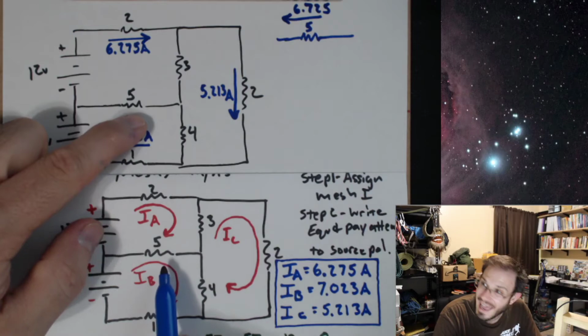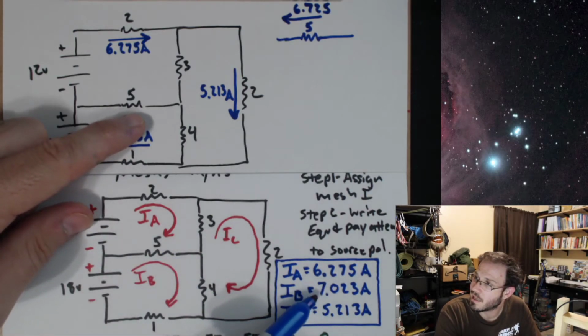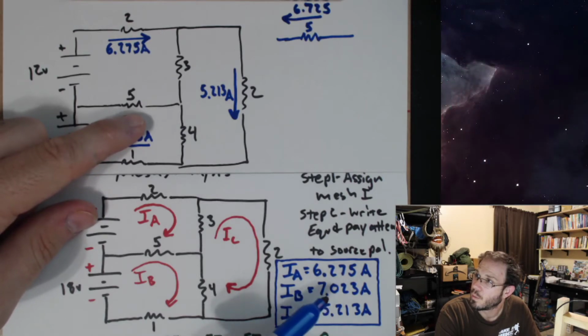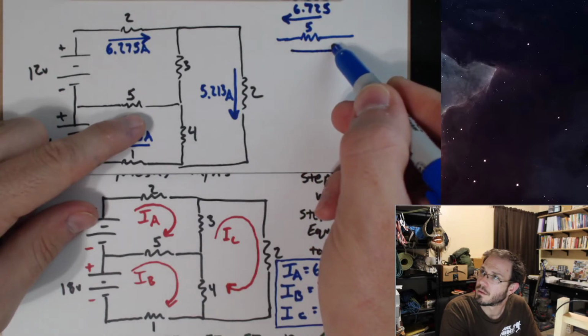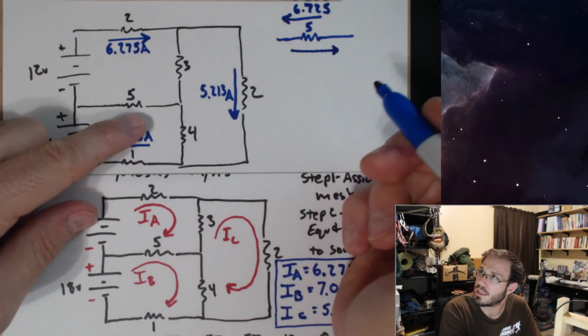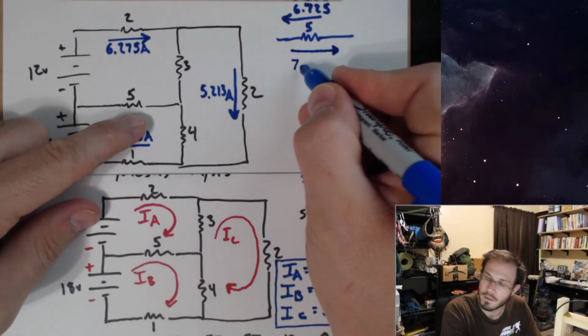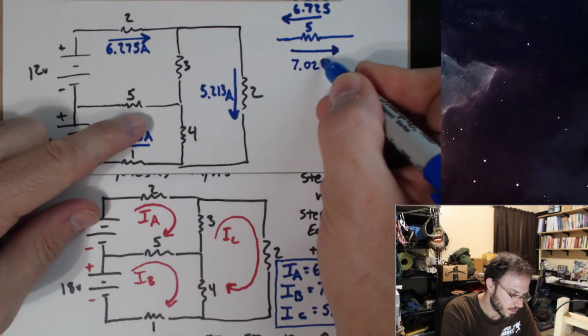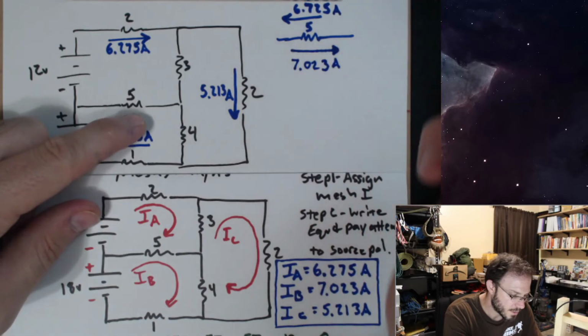However, it also had IB, and IB was going to the right, and it has a positive value with a magnitude 7.023. Notice that that's larger than 6.275. Both of these are amps.